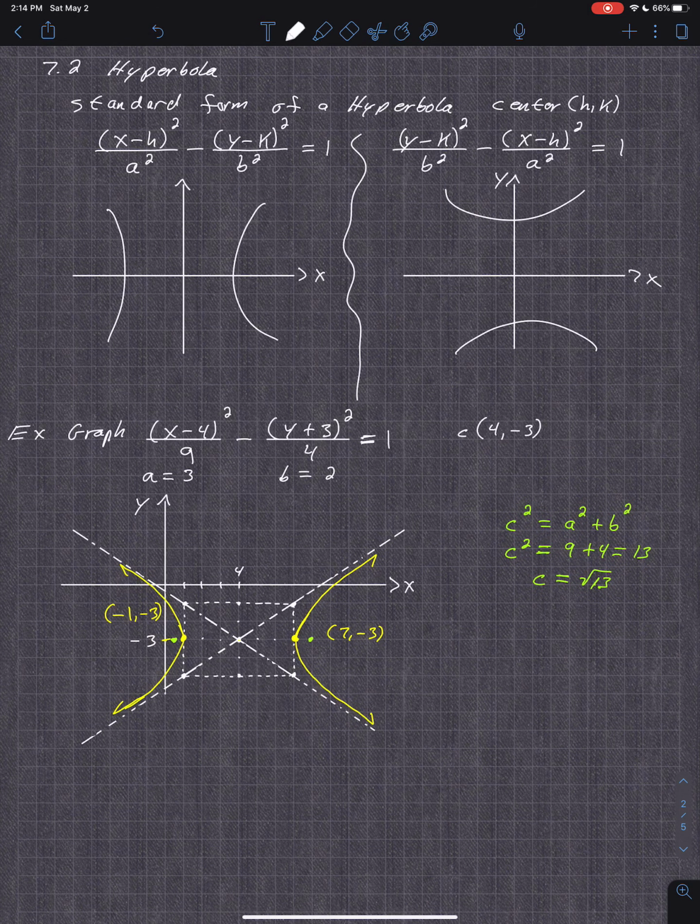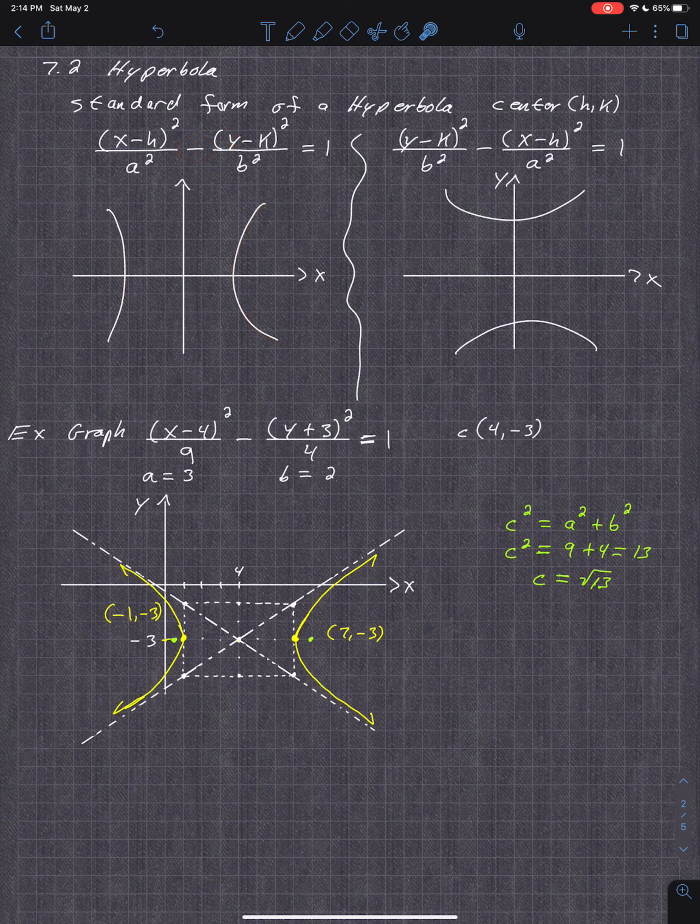Hyperbolas. This is your standard form. And there's two cases. The difference is now that one has a negative. If the negative is with y, then it's going to open like this.